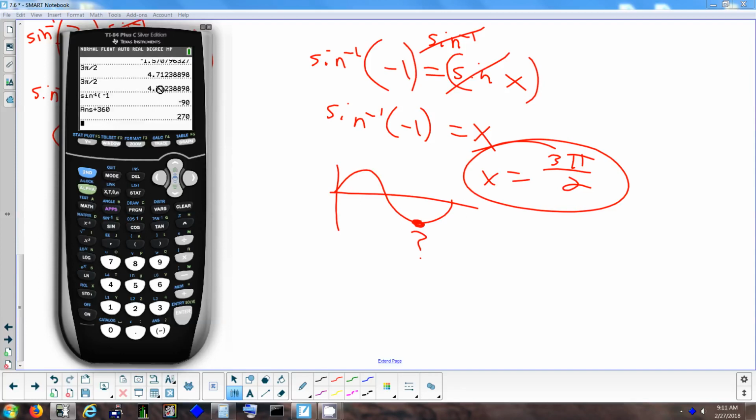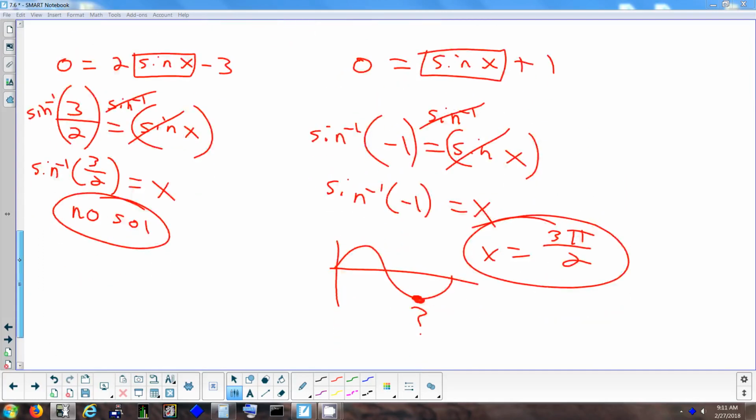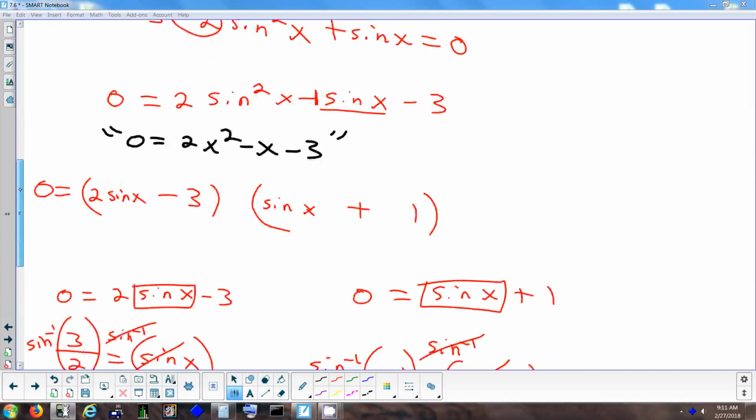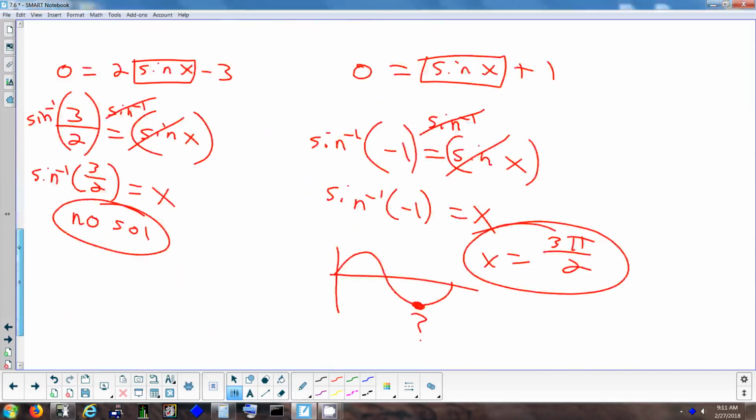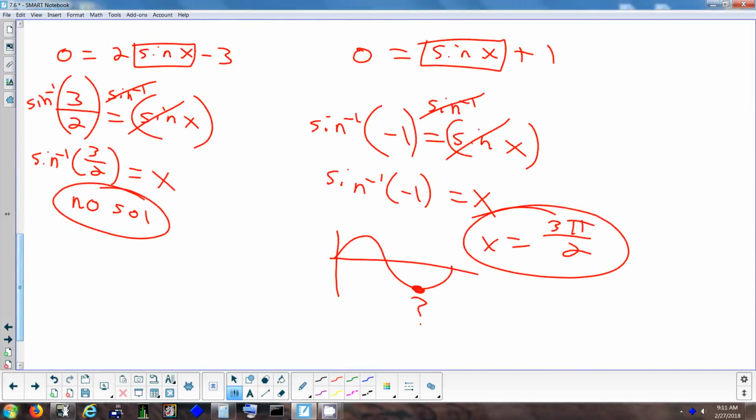Okay, any questions on that one? Okay, so that's probably one of the easier ones because first of all, it did factor. You didn't need quadratic equation. Half the problem you didn't even have to do because you got no solution. So you only really had to deal with 1/2 of it. Okay? And that 1/2 only had one answer. I didn't have to think about the ASTC diagram because 3 pi over 2 is not in a quadrant.